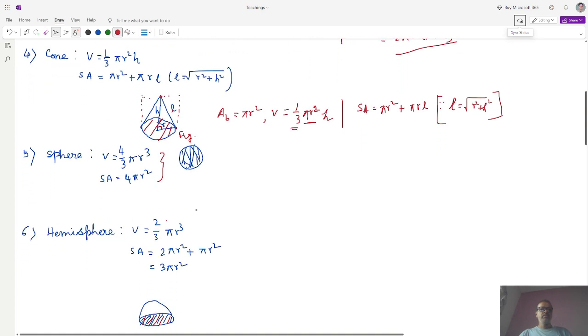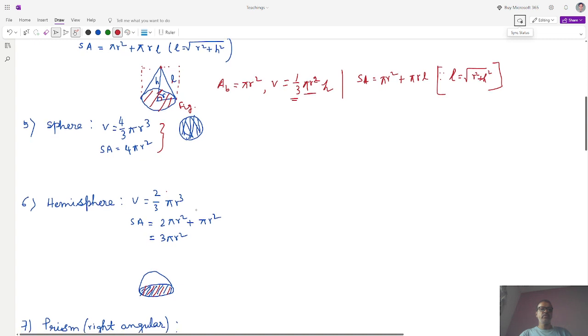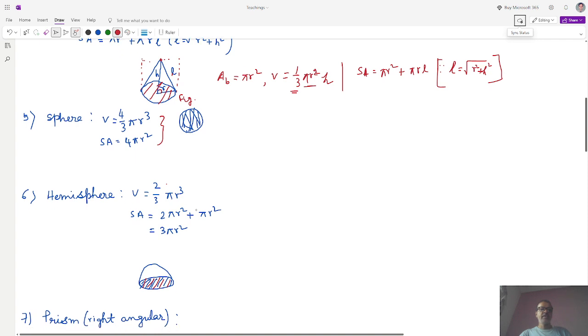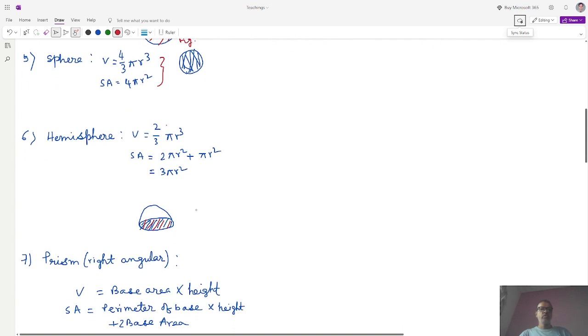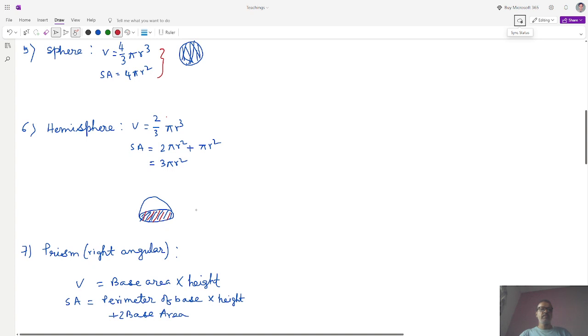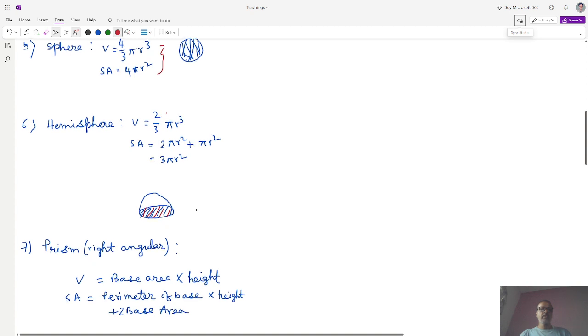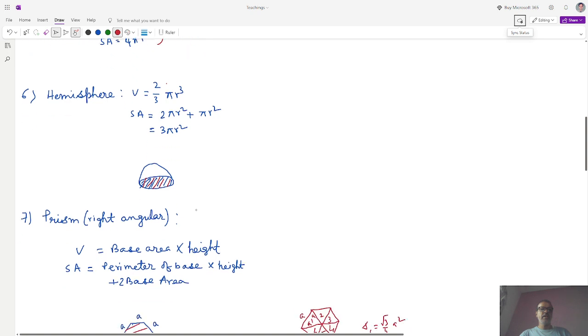Now, for sphere, the volume is equal to 4/3 πr³, and surface area equals 4πr², where r is the radius of the sphere. Hemisphere. Volume of hemisphere equals 2/3 πr³, whereas surface area equals 2πr² + πr² equals 3πr², when the radius of hemisphere is r.